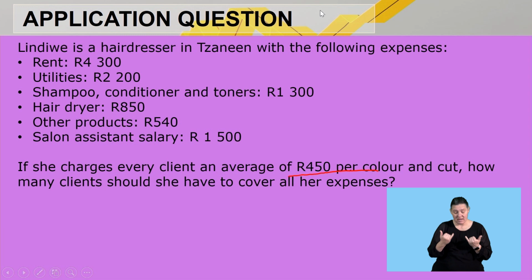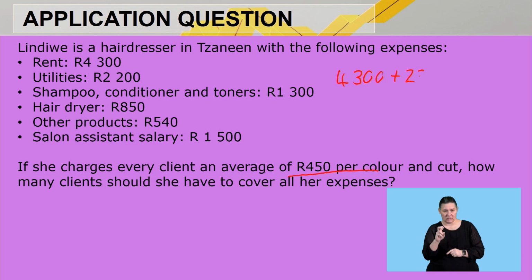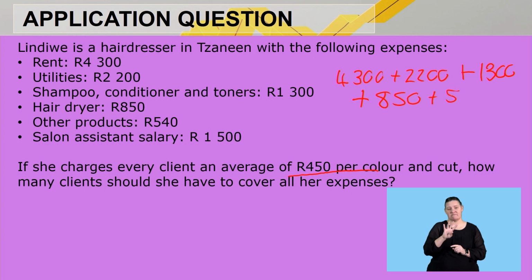So now what we need to do is we need to go and calculate her expenses first. So we're going to say, let's write here, 4,300 plus 2,200 plus 1,300 plus 850 plus 540 and plus the 1,500.